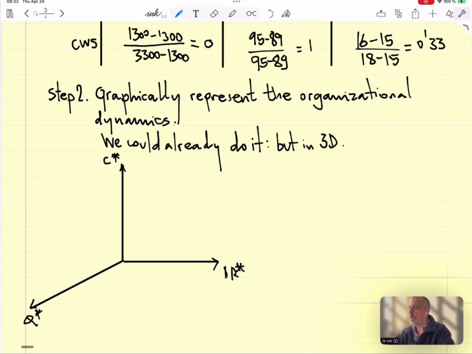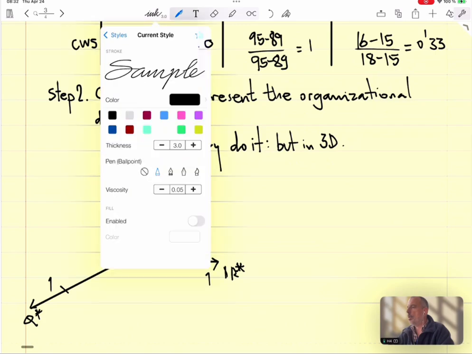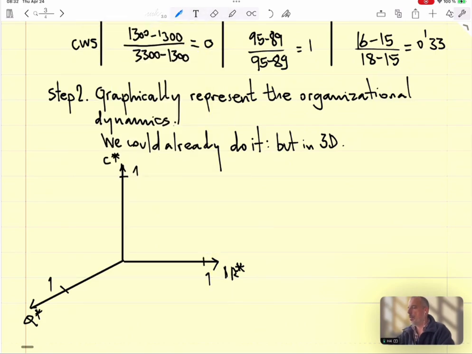If this is the 1, 1, 1, like a triangle, our KPI in 3D is going to be on 1 on the Q, 0.33 on the delivery rate, and 0.66 in the cost.